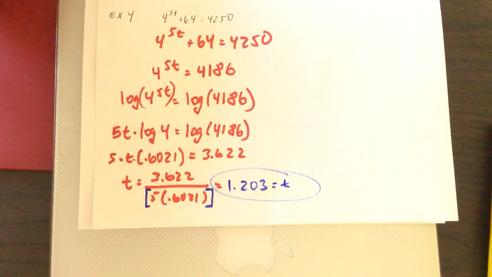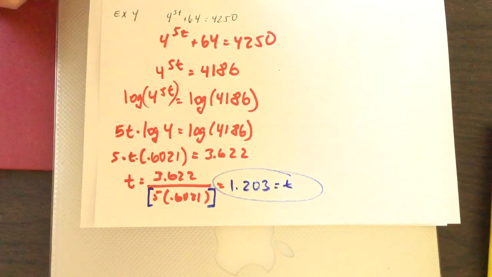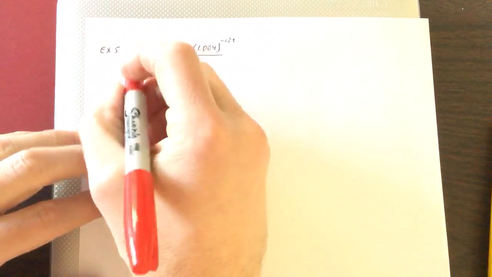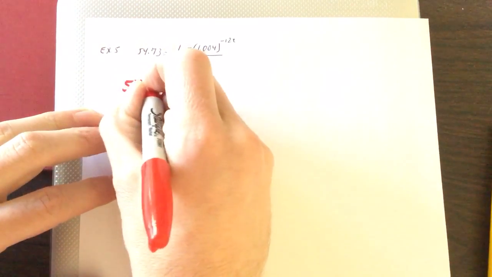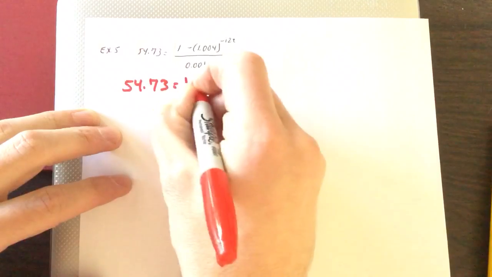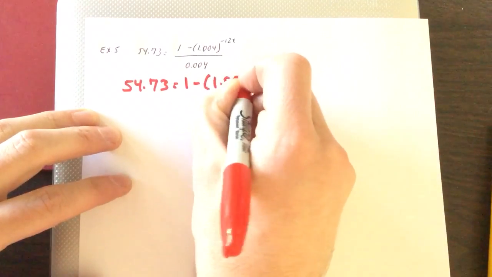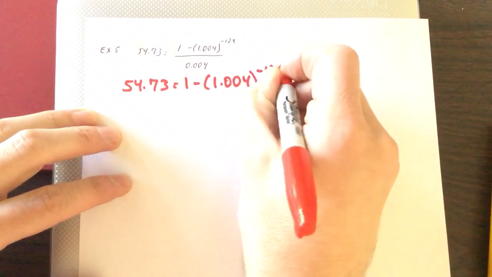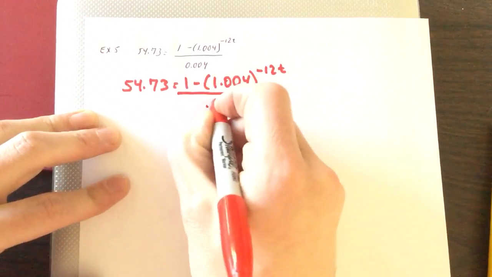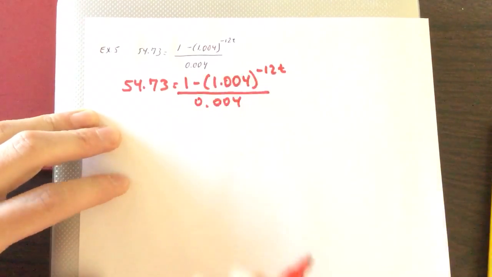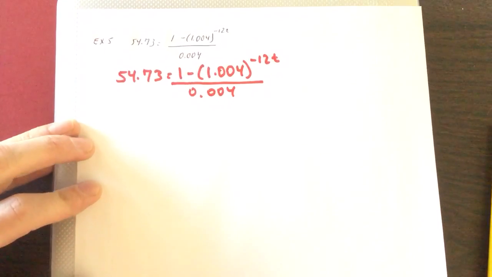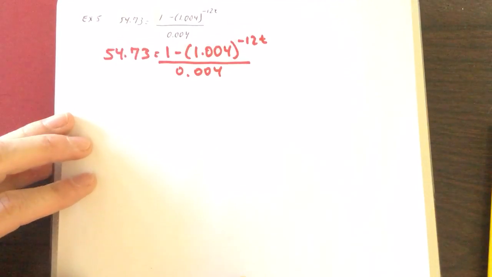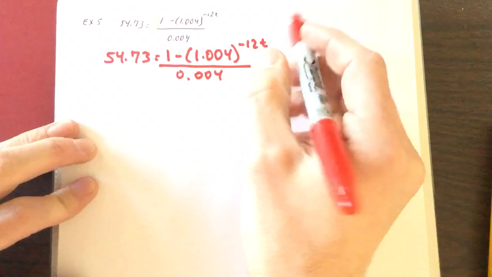All right, one more. There's a whole bunch of stuff. I'm going to rewrite it so it shows up a little bit better. Reverse order of operations to isolate the variable.